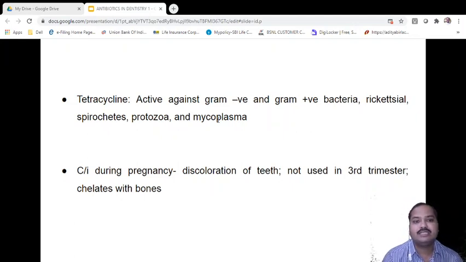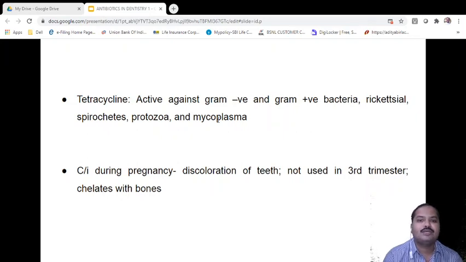Also, there is discoloration of the teeth by these chelates which are formed with the calcium content of the teeth. The drug should not be given even to nursing mothers as it is excreted in the milk. So it is contraindicated during pregnancy. It is not to be used in the third trimester.